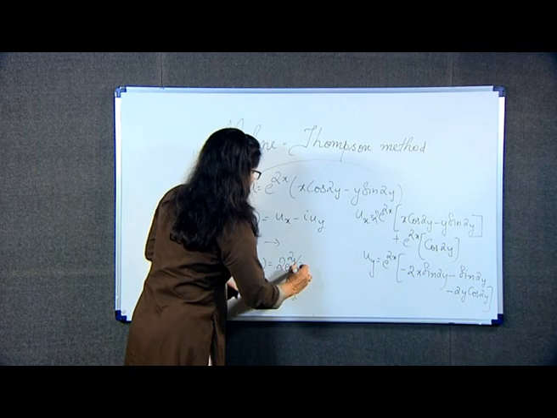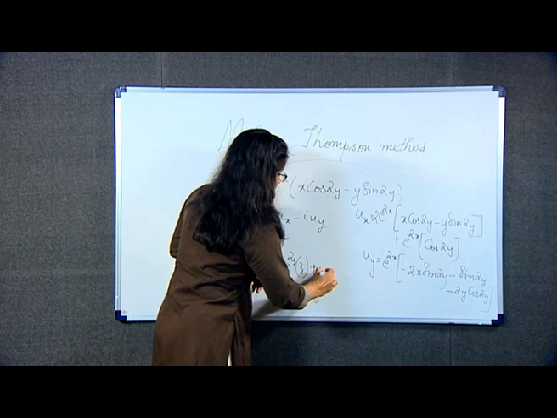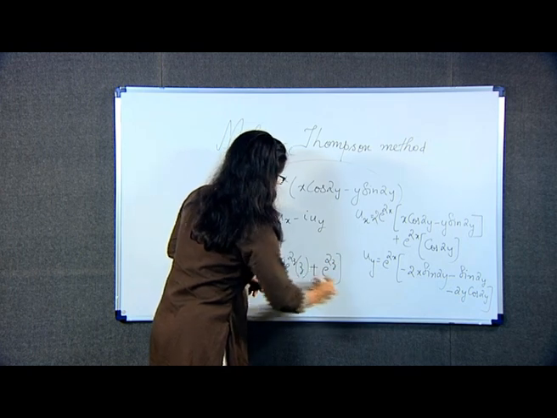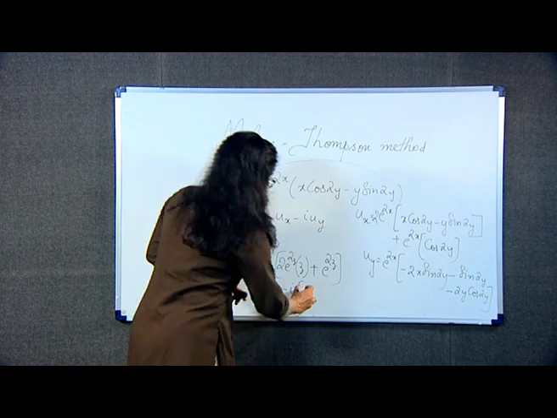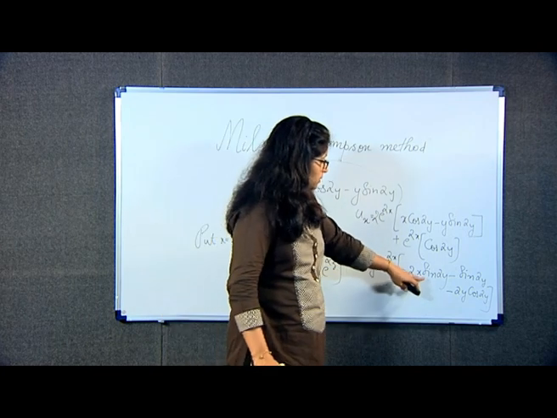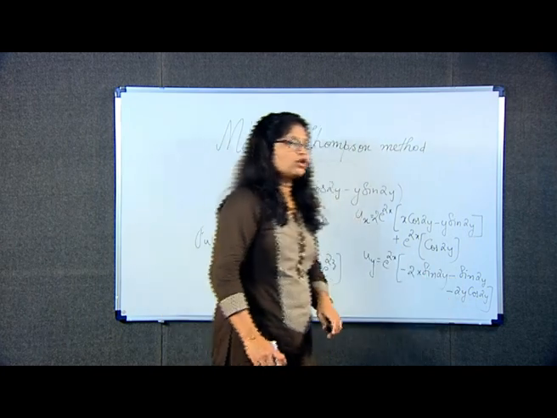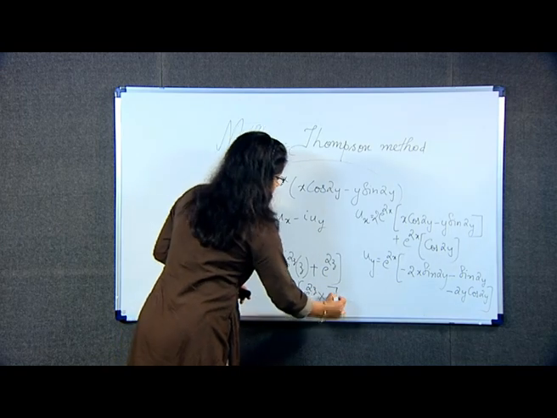So, it is into z plus e raised to 2z. This is your real part minus i into e raised to 2z into this term, these three terms become 0 because you are putting y equal to 0. So, your i part becomes 0.